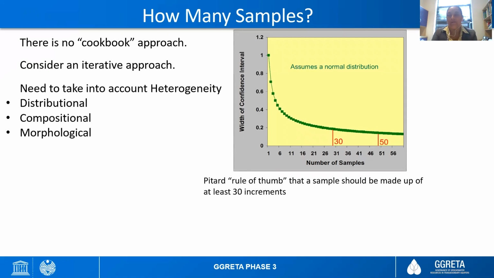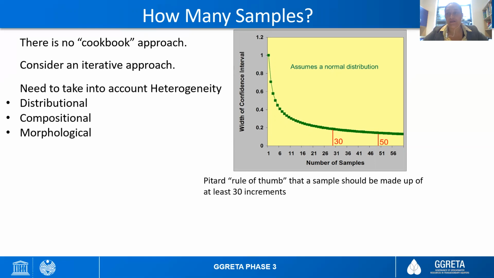How many samples? This is a tricky question. There's no cookbook or defined approach, and it's more of an iterative process. What you do need to take into account when deciding on your samples is heterogeneity in terms of distribution, composition, and morphology.